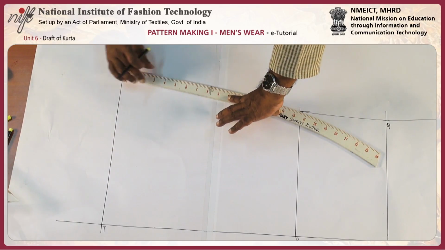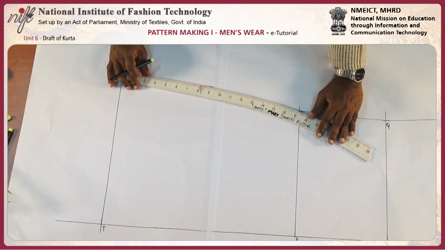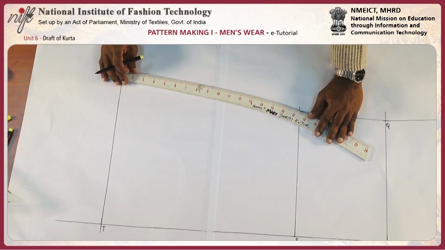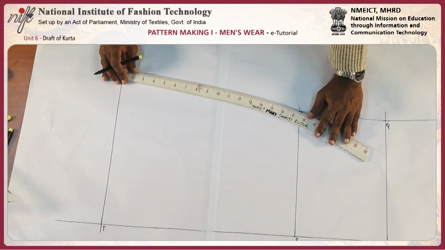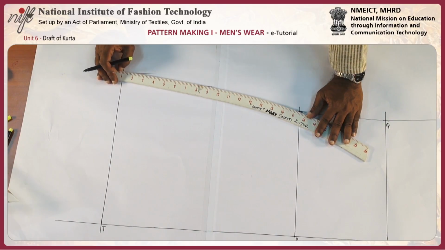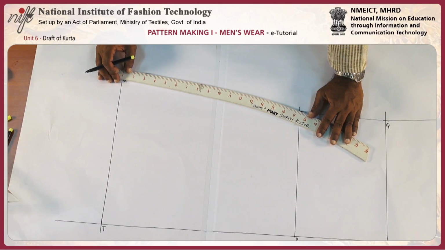Remember, the blending should be not exactly from the point, just below point S and above point U, passing through 1.6 centimeter mark.